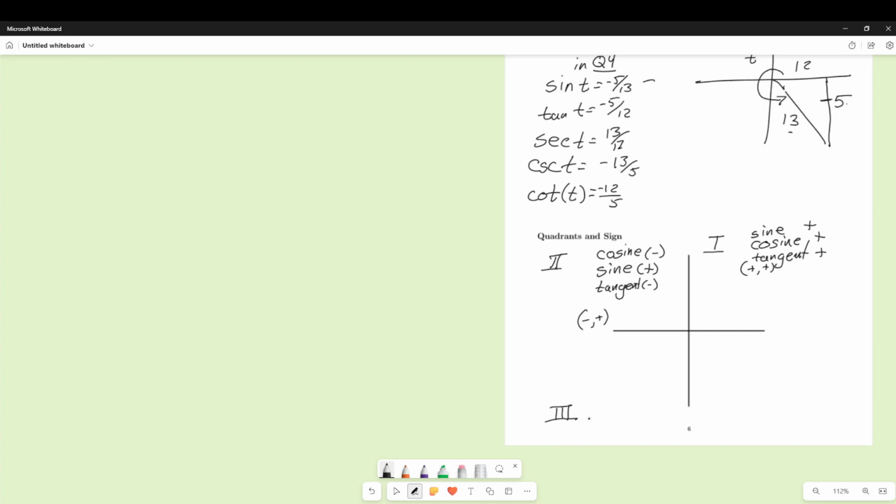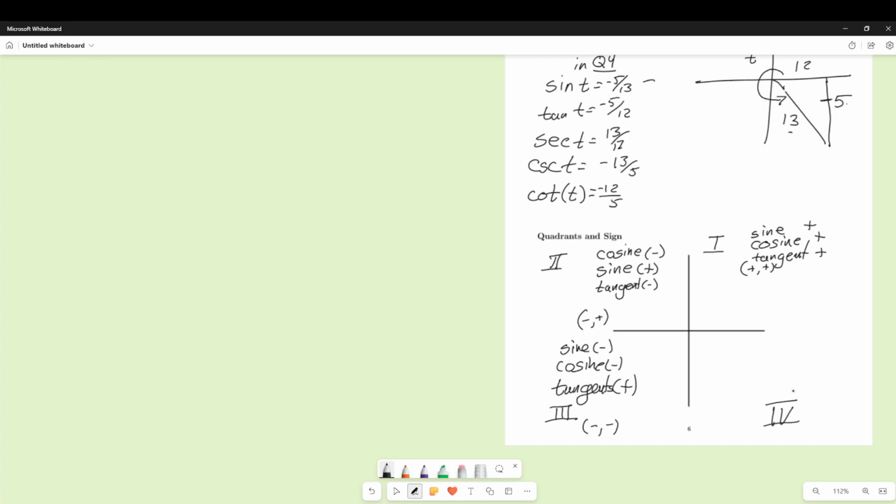In quadrant 3, both the x's and y's are negative, so that's going to make our sine values negative, our cosine values negative. But because our tangents are our sines over our cosines, and they're both negatives, our tangents go back to being positive.